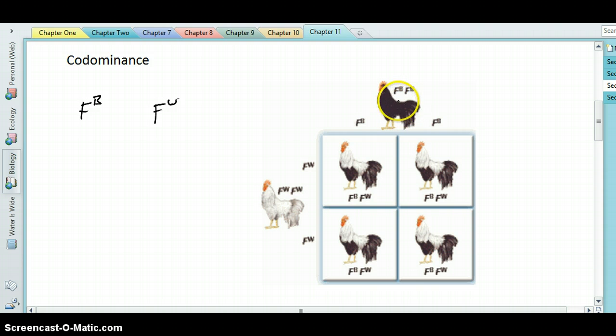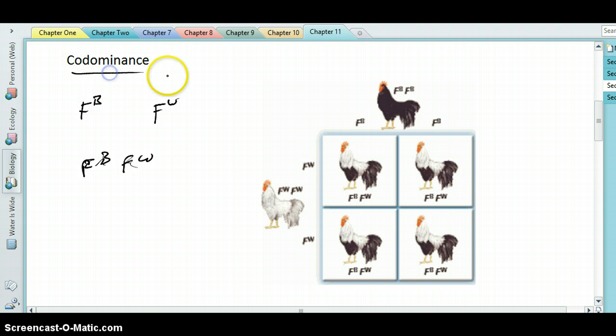So if we cross an individual that's homozygous for black, here, you notice, or homozygous for the B allele, and here that's homozygous for the white, what do we get in the offspring? Well, we get heterozygous individuals, FB FW, but what are they? They are both black and white. They're not gray, they're not black, they're not white, they're black and white.